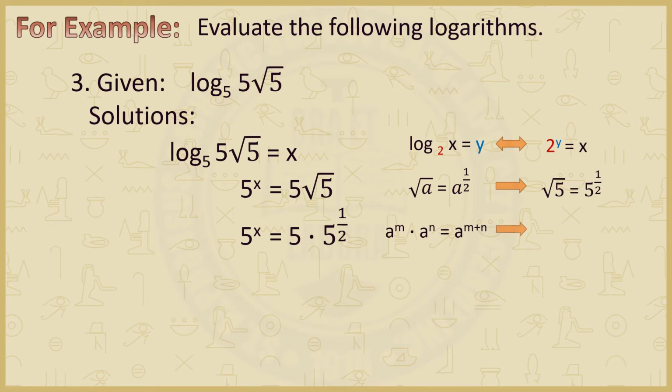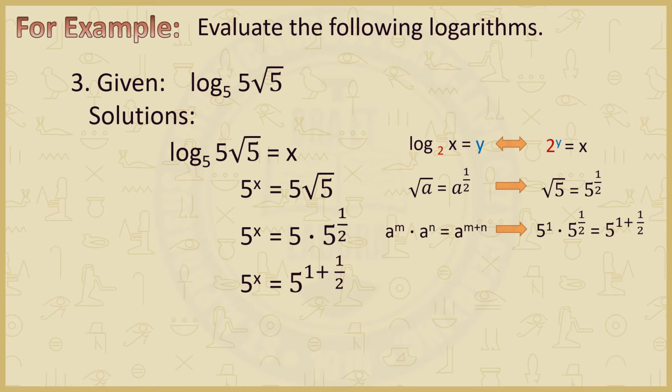So for 5 raised to 1 and 5 raised to 1/2, it is equal to 5 raised to 1 plus 1/2. So our equation becomes 5 raised to x is equal to 5 raised to 1 plus 1/2.